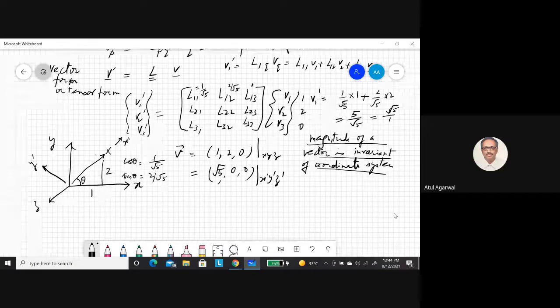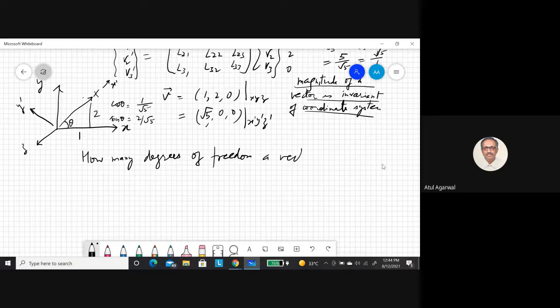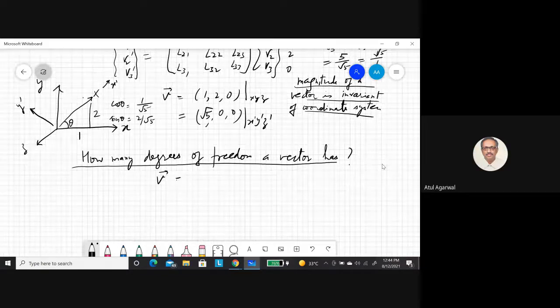One more thing we should know when we talk about vectors. How many degrees of freedom does a vector have? Sir, 3. Very good. You are representing it by 3 components, and all of these components are arbitrary.